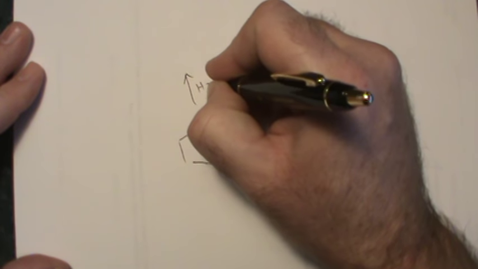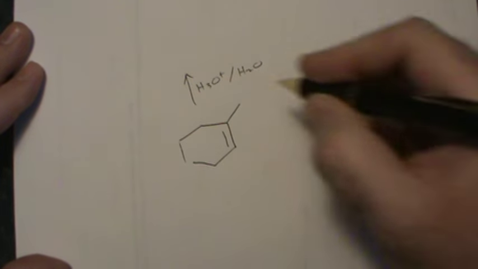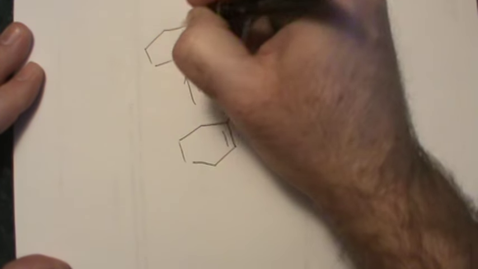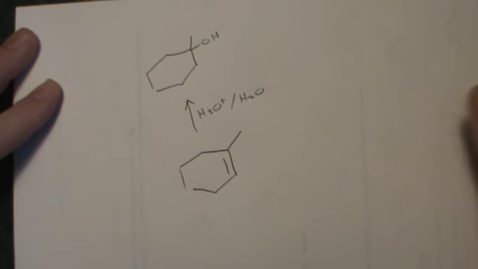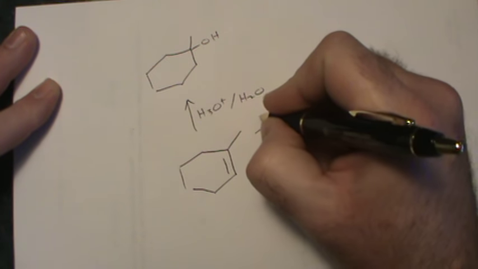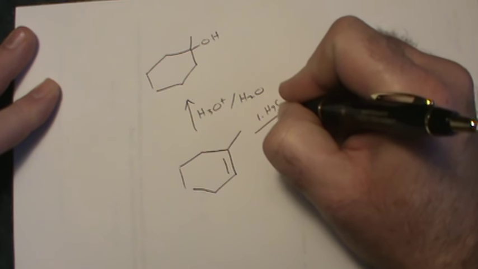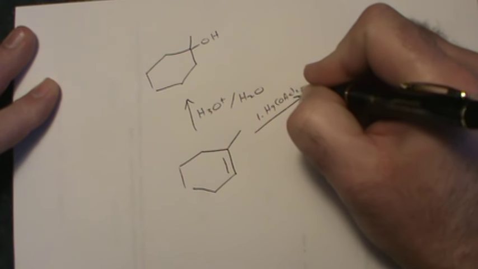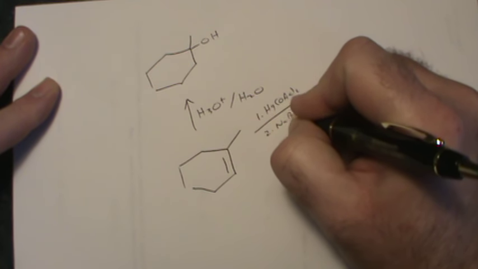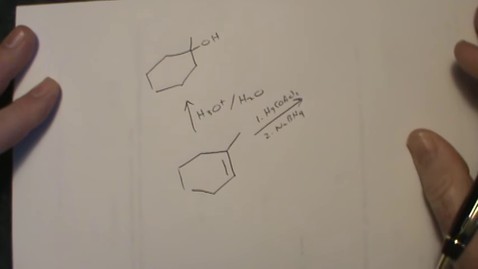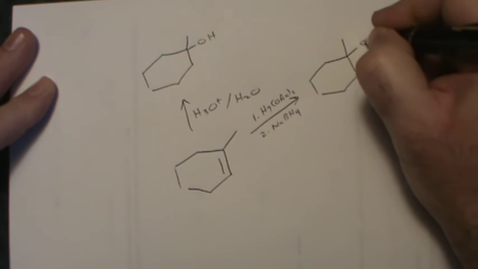For example, I could do a standard acid catalyzed Markovnikov hydration reaction using H3O plus, H2O, but I could also achieve the exact same result using this new reaction we just learned, which is an oxymercuration in the first step, followed by a reduction in the second step, and it results in the exact same Markovnikov hydration product.